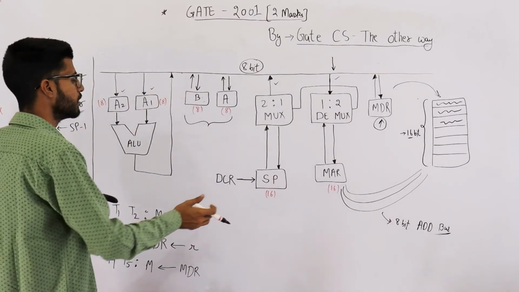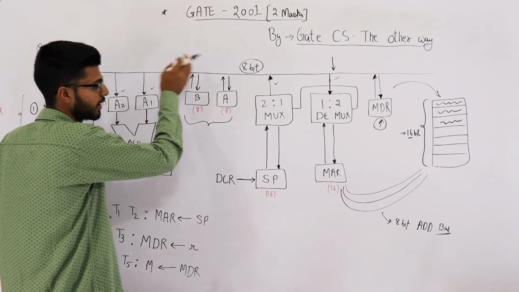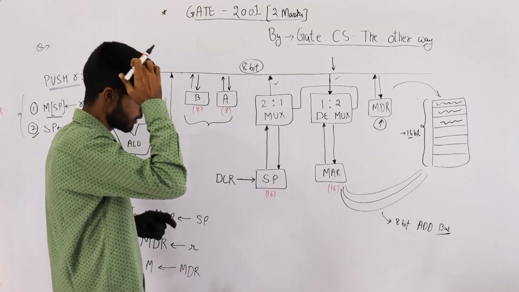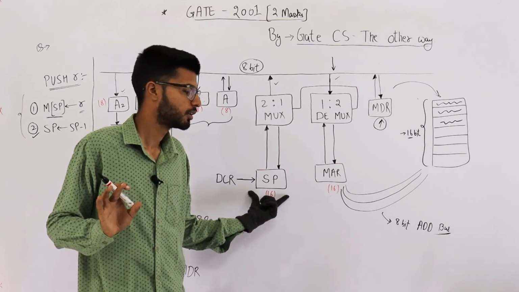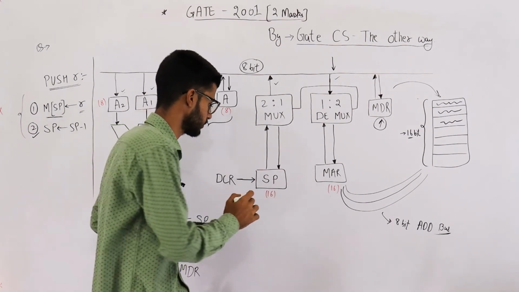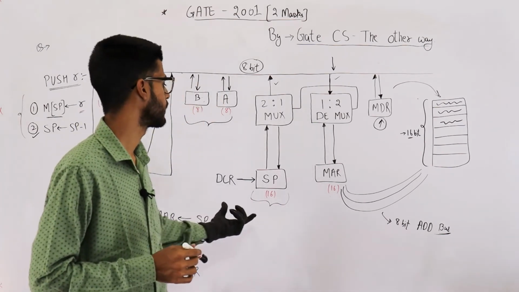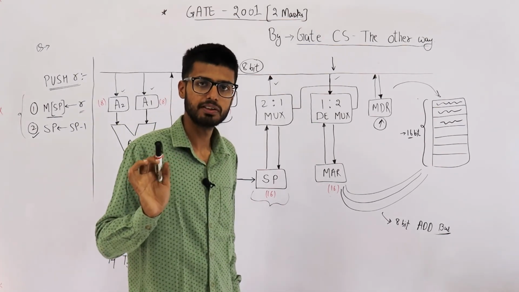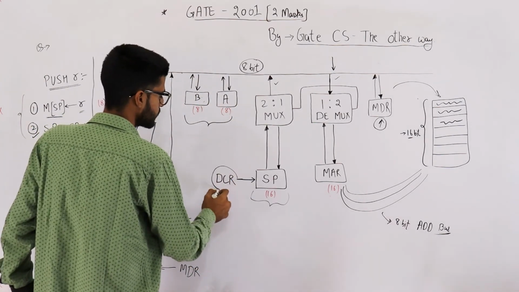We don't need to bring this value into the ALU and then decrement it and save it back again. So the hardware provides support for decrementing the value of this location. That means you don't need an extra clock cycle to decrement it. Decrementing SP means just generating one control signal, which is this DCR.